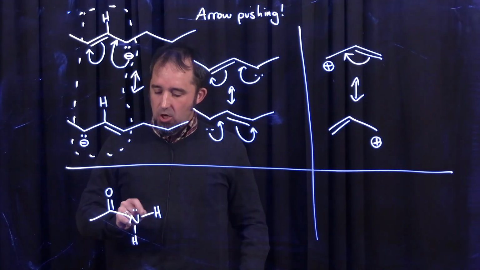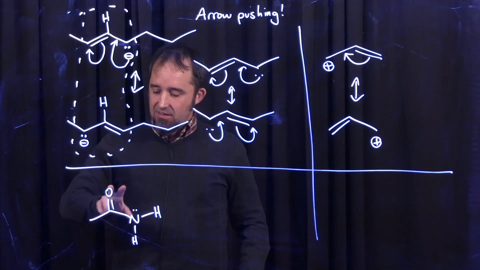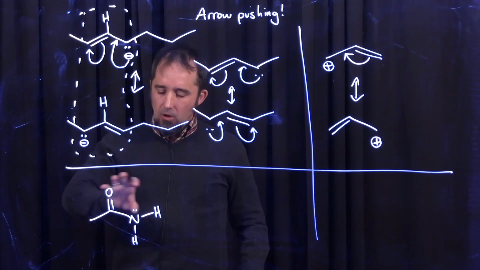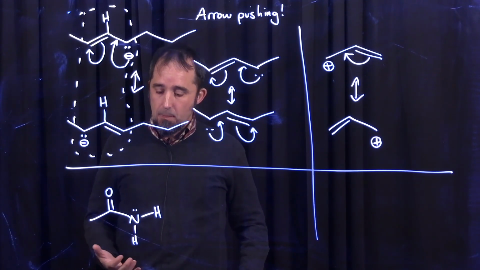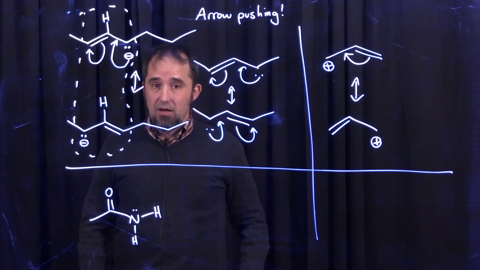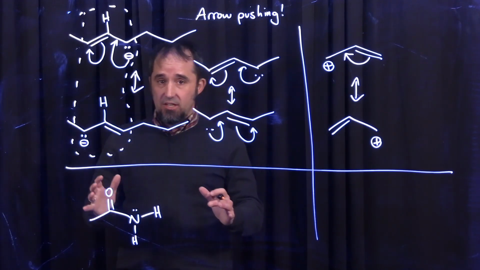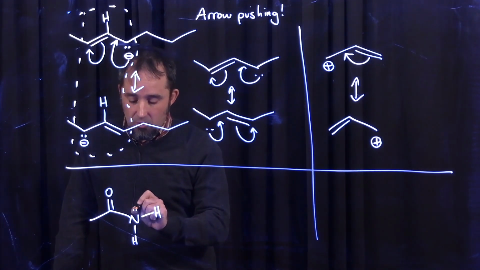Acetamide. Here we go. So this has, again, that amide functionality, NCO, all right here. Really important in biochemistry and protein structure. But our pattern here is lone pair next to pi bond. So when I start my arrow pushing, I start where the electrons are. They are at this lone pair.